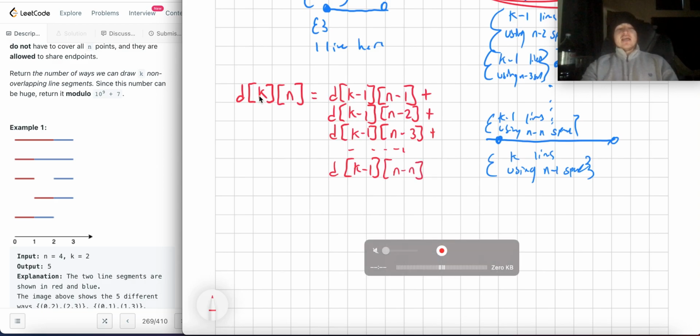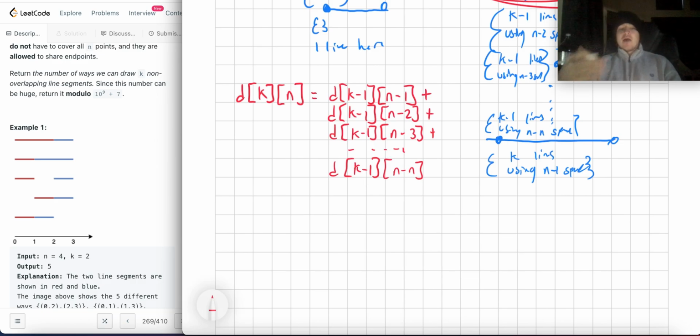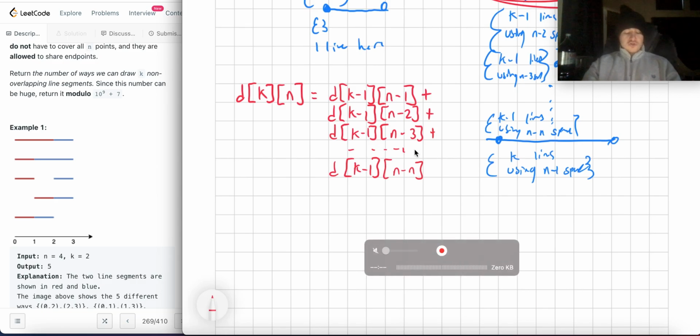So I'm basically saying if I have k lines, I can distribute one line and make that line length 1. I can distribute one line, make that line length 2. I can distribute a line, make that line length 3, all the way up to n, because the line can't exceed the size of the space that I'm using. And that will give me the total number of ways that I can distribute this system.